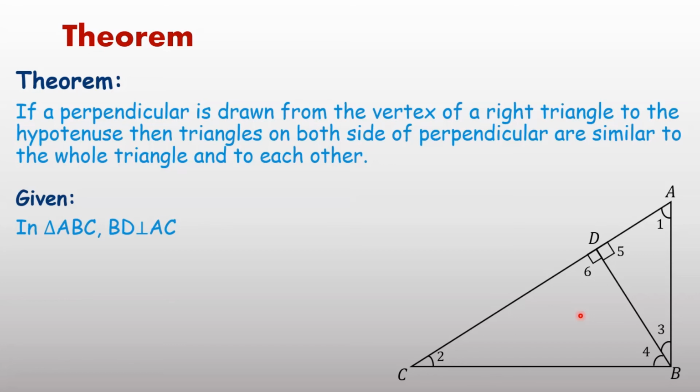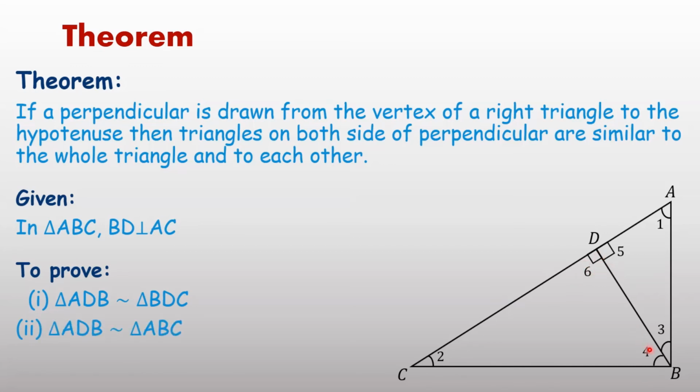And that is the statement of this theorem. The given part of this theorem we can write as: in triangle ABC, BD is perpendicular on AC. We have to prove three parts in this theorem. First part, if we draw perpendicular BD on AC, triangle ABC is divided into two parts.